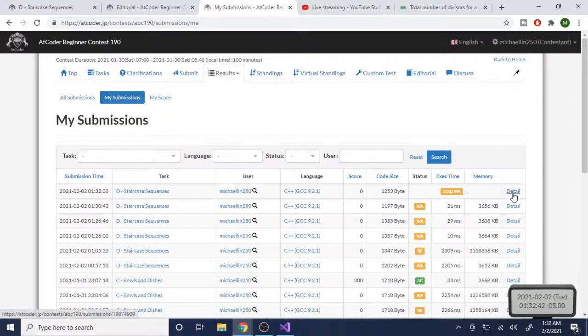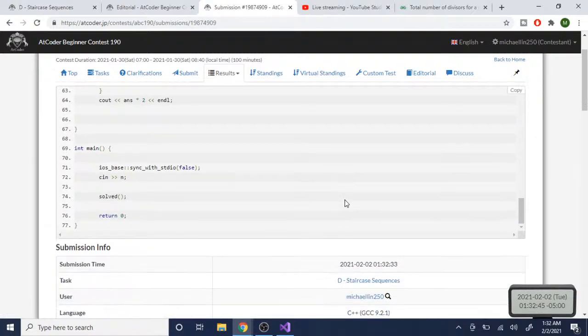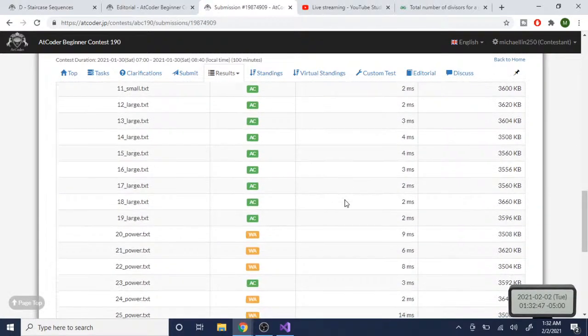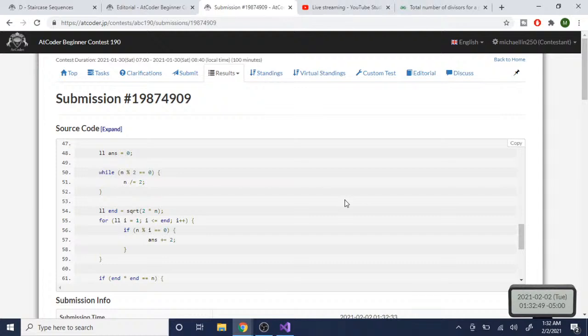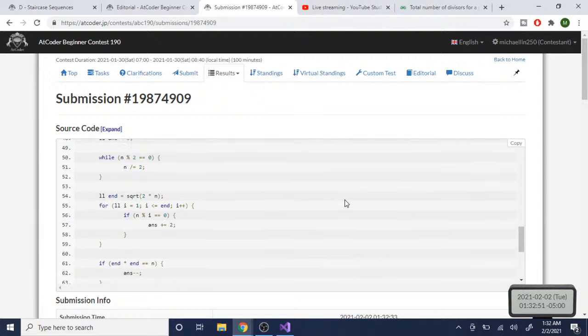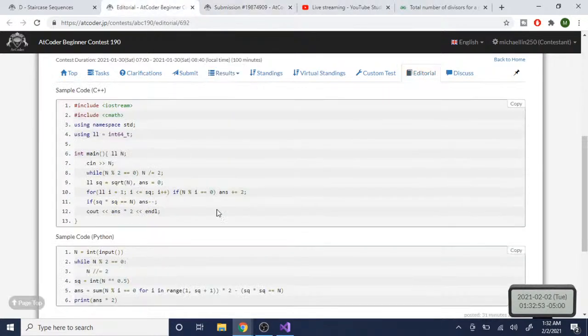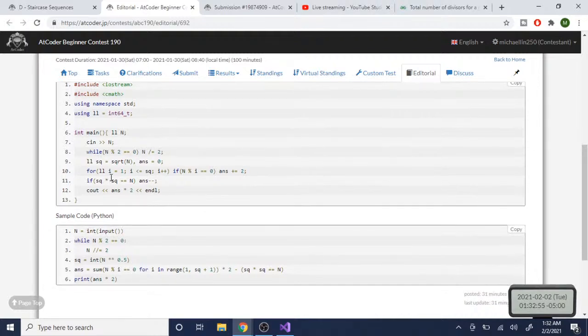For what? Man, I literally just took the same code though. N times n is equal to. Oh, do they mean 2n? No, that's what they did here. Wait a minute. Something's not right. i times i is equal to plus 2. Square root. That's right.